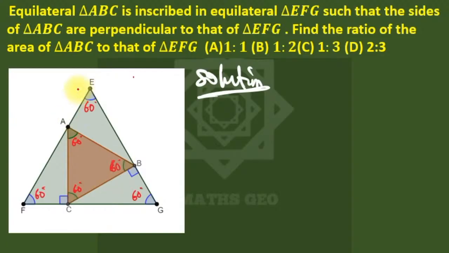And since this is 90, because they told us the one is perpendicular to the sides, this should be 30. And if this is 30, this is 30, this is 30, yes, this is 90.